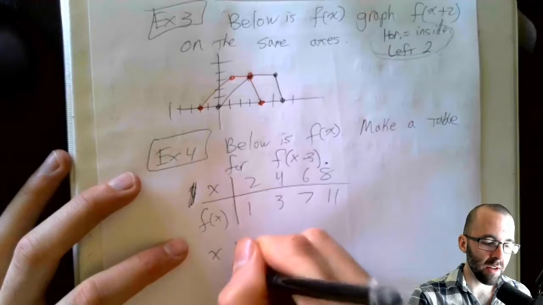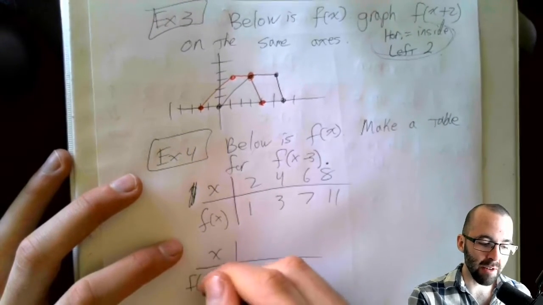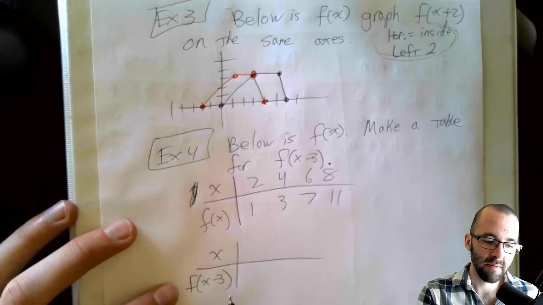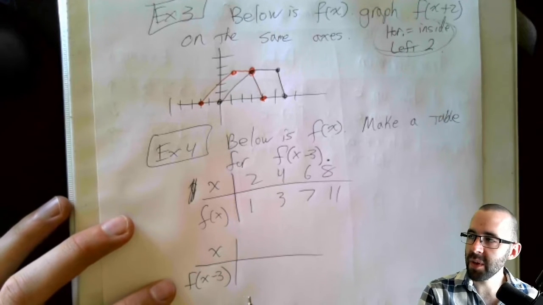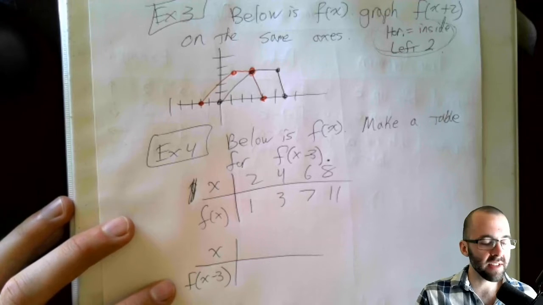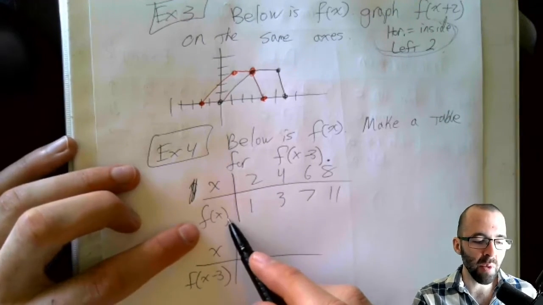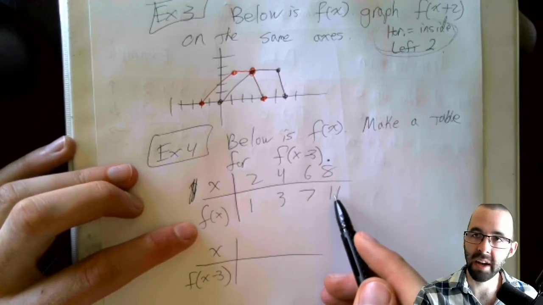So over here, we're going to make a similar table, and this is where things get a little weird, so be a little careful. f of x minus 3. In example 2, what did we do? We said we were moving down 3 units. So we changed all the y values and we lowered them by 3 to get -2, 0, 4, and 8.